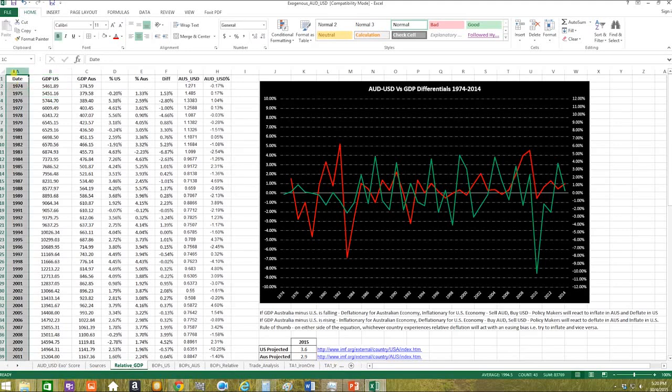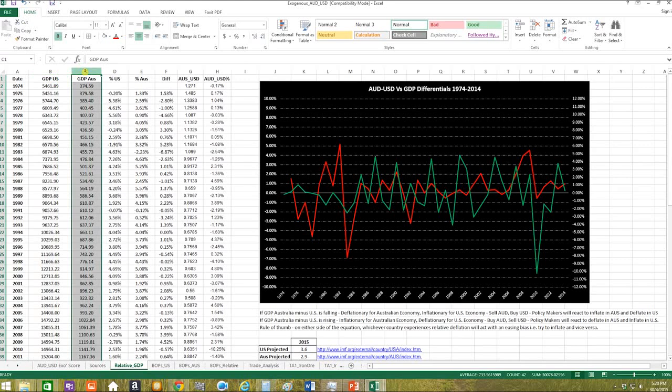So we start off on the left-hand side here in column A, and it's pretty obvious what's there. We've got the date set annually from 1974 onwards. In column B, we have the value of US GDP.